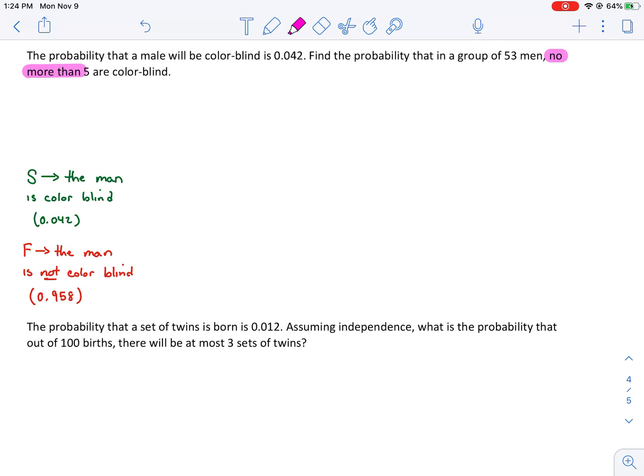So we want to find the probability that out of 53 men, no more than 5 are colorblind. So that's going to be 0 or 1 or 2 or 3 or 4 or 5 colorblind people out of 53.